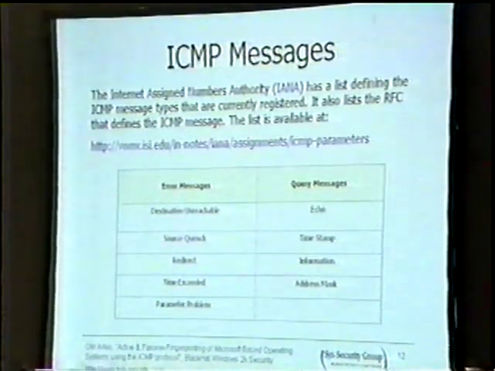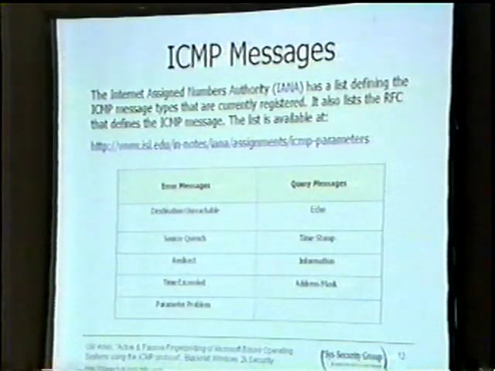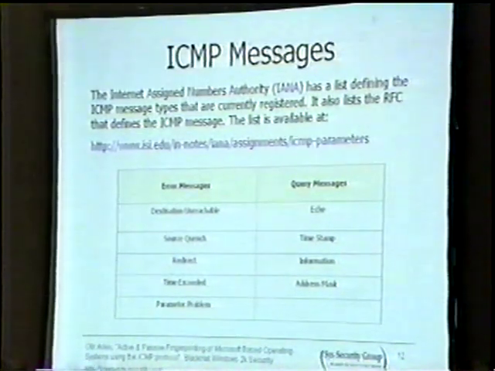Source quench: if you're sending to a host too fast, the host will issue you back a source quench message. Redirect: a router that sits on your same network will tell you to use another router on the same network for future routing to the host you try to route to.